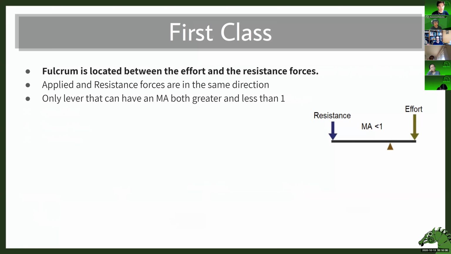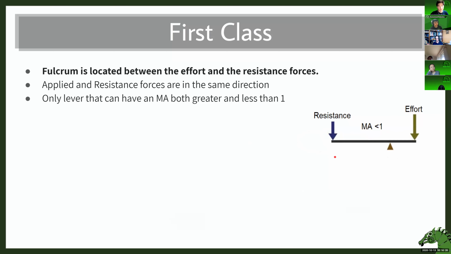Now, if it's offset, you start to get a change in mechanical advantage, because if you measure the distance from the effort force to the fulcrum and the resistance force to the fulcrum, you notice how the triangle there in the middle is closer to the effort than it is to the resistance.